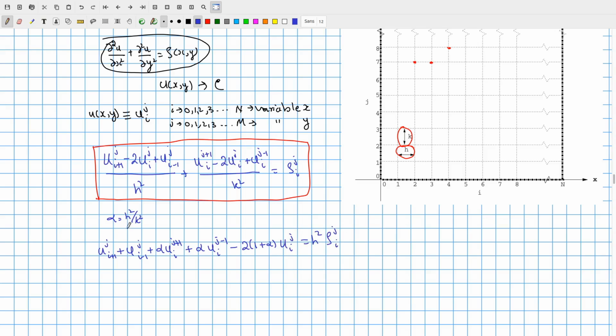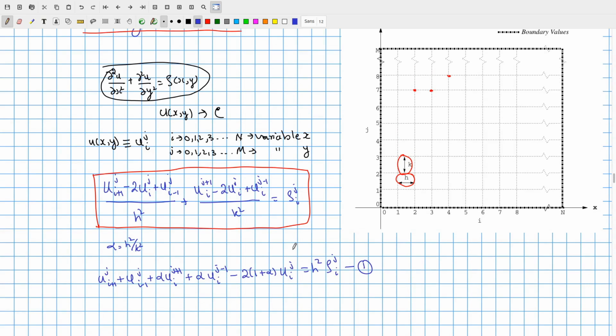What we have done is multiply by h square all over, so this becomes h square by k square, which we write as alpha, and I combine the u of ij terms of both cases together. That's how I got this equation. Let me call this one as 1, and this is the equation we have to solve.